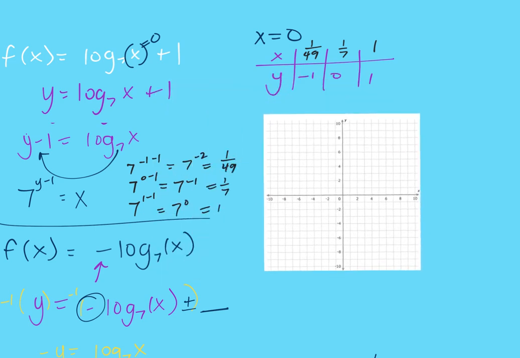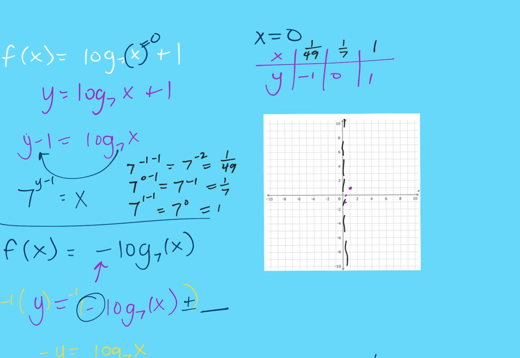There's still no horizontal shift, so my vertical asymptote is still at 0. 1/49 and negative 1, 1/7 and 0, 1 and 1. So these are when it's really tight in there.